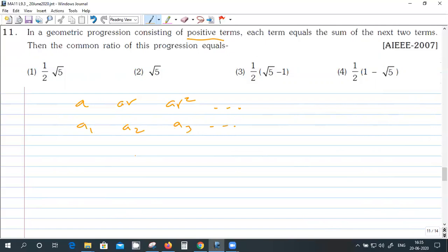Each term, for example A2, is A3 plus A4. So we have to find R, right? The general thing is AI equals AI plus 1 plus AI plus 2.